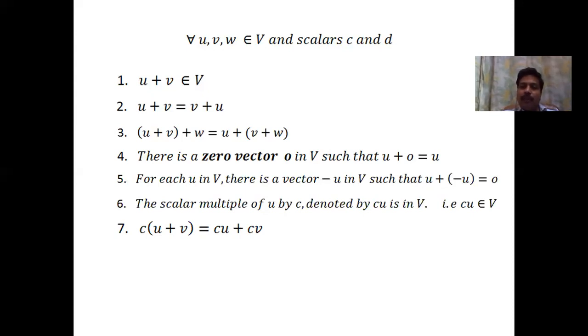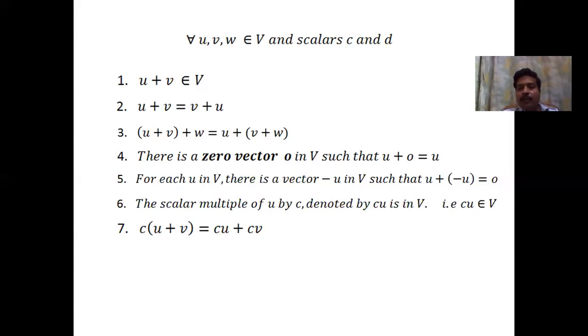That is U plus V, U plus V, U plus V, C times. We will get another new vector that should be equal to U repeated C times and V also repeated C times. By adding all those things, you will get another new vector. This must be equal to the first vector, that is C times U plus V.